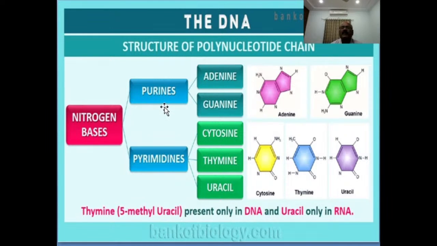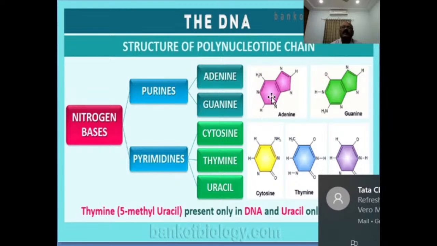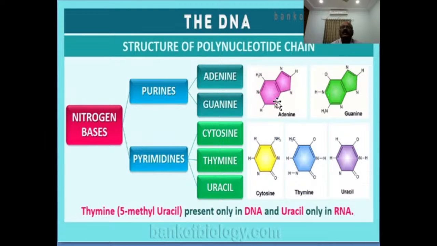Purines are called double ringed nitrogen bases. You see, this is one ring, this is one ring, this is one ring, this is one ring. So, double ringed nitrogen bases are called purines. Single ringed nitrogen bases are called pyrimidines.